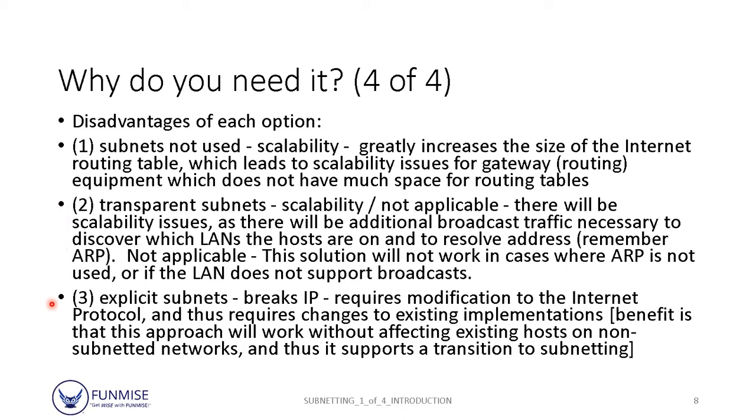And then there's explicit subnets, which actually required a modification to the Internet Protocol, because before you just had to give the host a number, the IP address, but now you need to also give it the subnet mask, so now it can realize which subnet it's in.